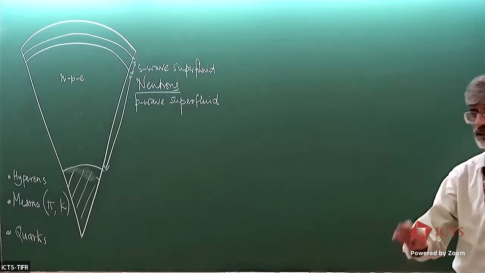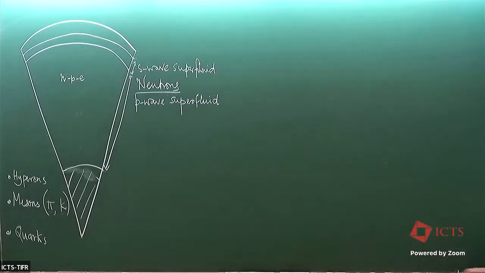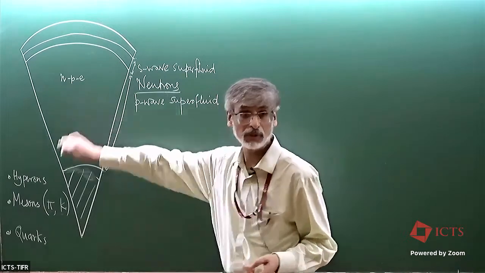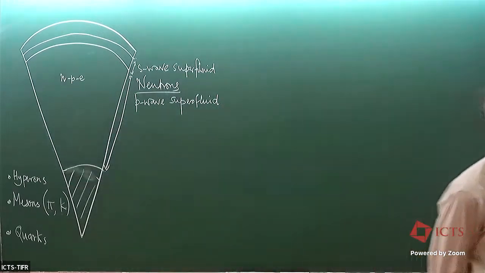The strong interaction does not see a difference. This is isospin invariant. So what neutrons can do, protons will do as well as far as strong interaction is concerned. The only difference is the proton number density is much smaller than the neutron number density.